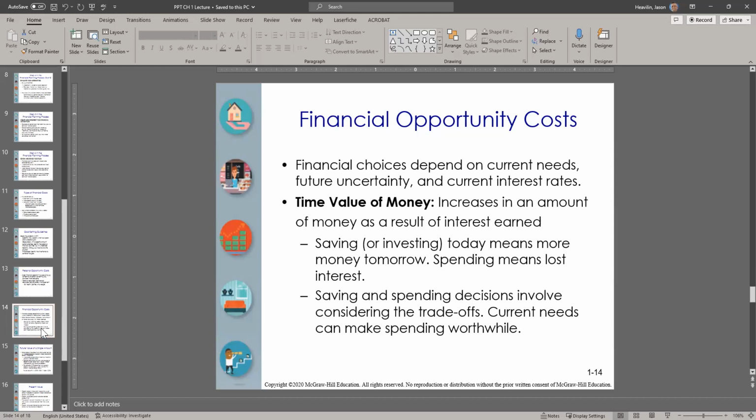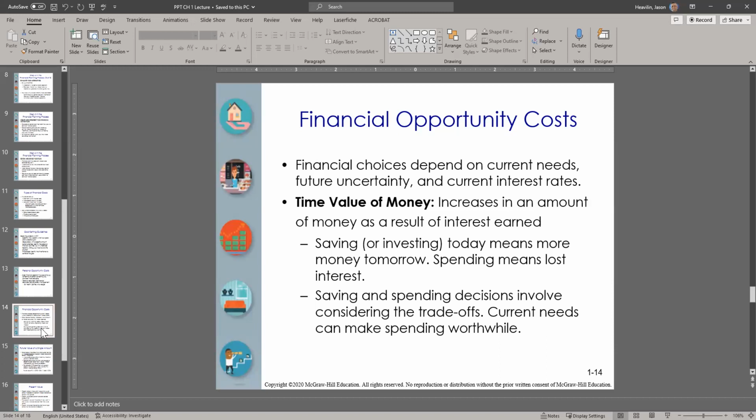Financial opportunity costs: financial choices depend on current needs, future uncertainty, and current interest rates. This is where the term time value of money comes in. Increases in amount of money as a result of interest earned. This is something that most people are familiar with. You can put some money in an investment today.